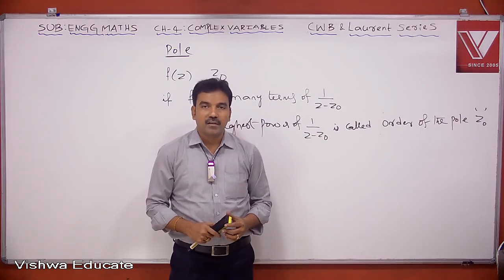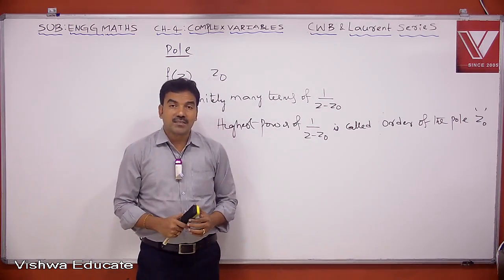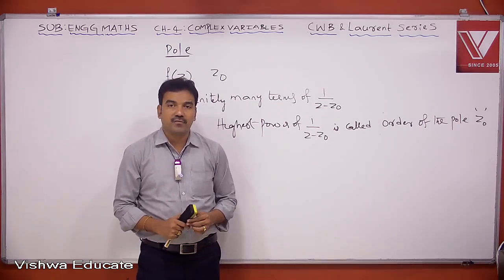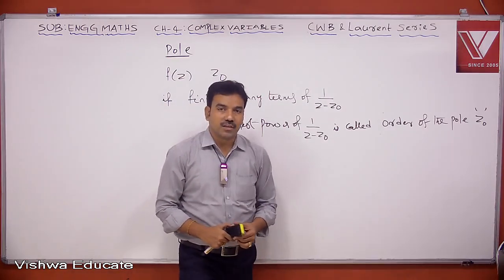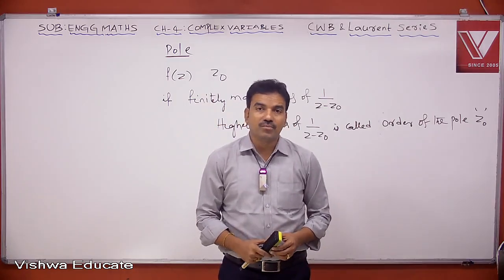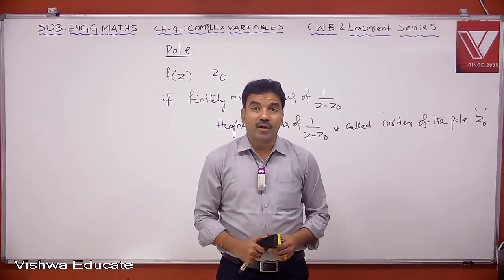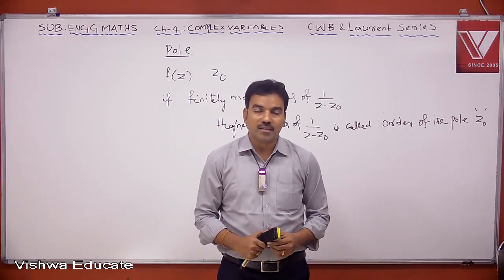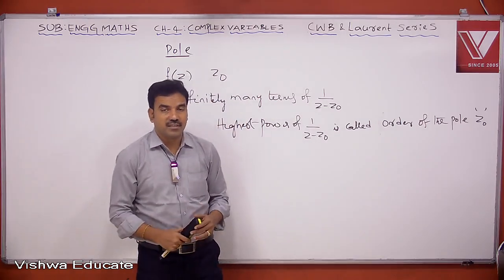If the Laurent series expansion of f of z about z equal to z0 has finitely many terms of the form 1 by z minus z0, then z0 is called a pole of f of z.